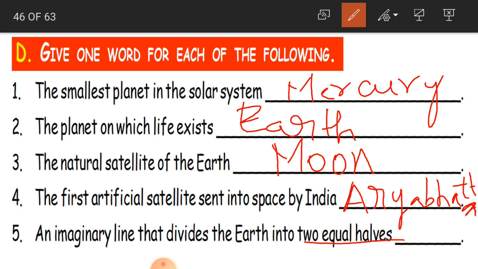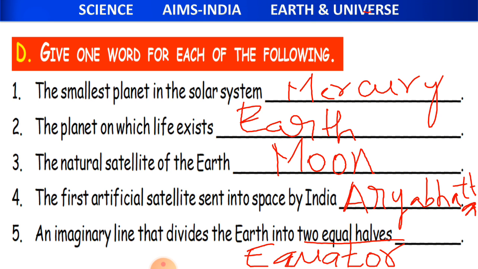What is the name of this imaginary line? You have the answer in the question itself. Can you guess? Yes, that is the equator. See, equal halves is nothing but equator. So it is very easy for you to remember this.